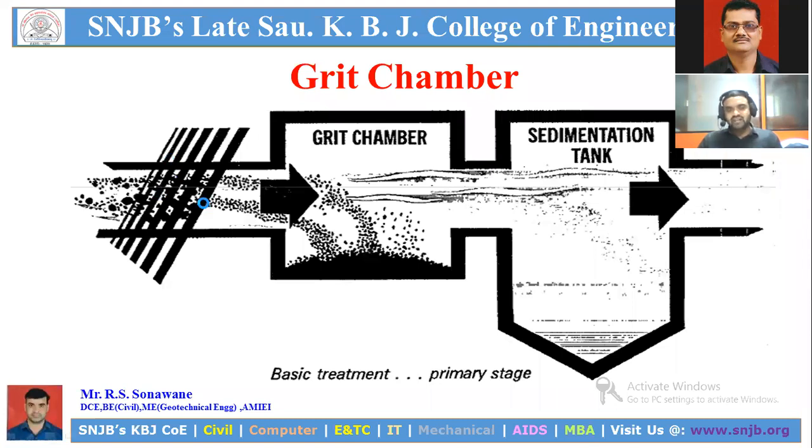But after screening, water has some suspended material in the form of silt, in the form of grit, and those having specific gravity 2.65 and above come into the grit chamber. After that, the water with remaining suspended and dissolved material goes to the sedimentation tank. The sedimentation tank design and theoretical concept will be the last lecture of unit number two.